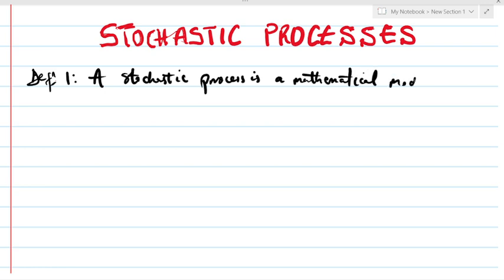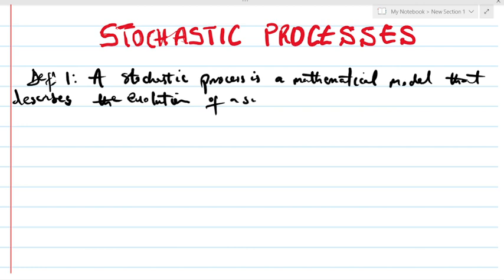So a stochastic process is a mathematical model that describes the evolution of a system over time in a probabilistic manner.